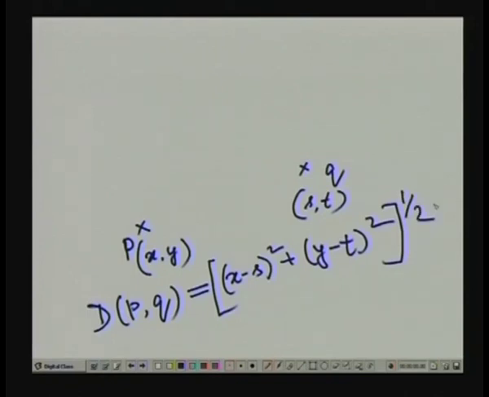So, this is what all of us know from our school level mathematics.